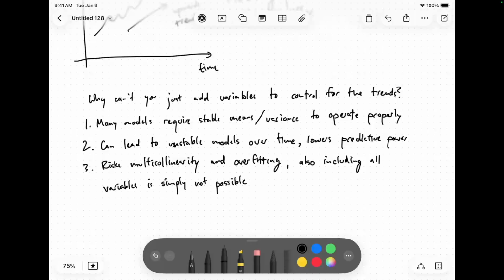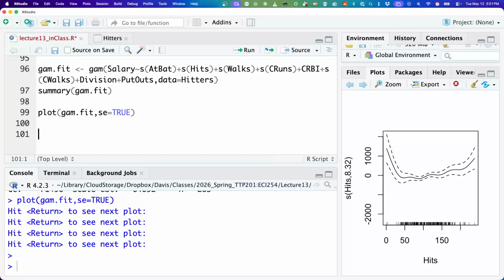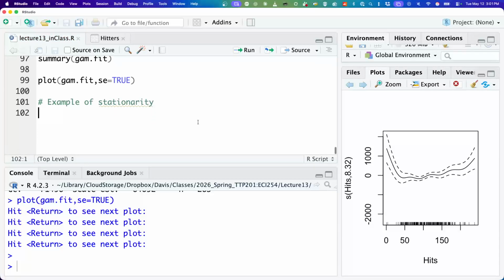So I'm going to start off by showing an example of this, so that we can kind of explicitly see what I'm talking about.